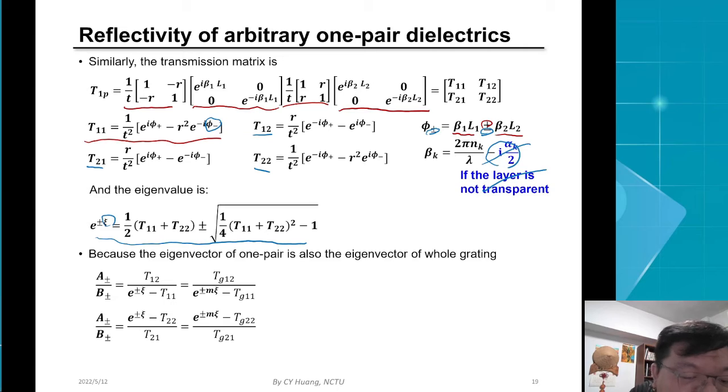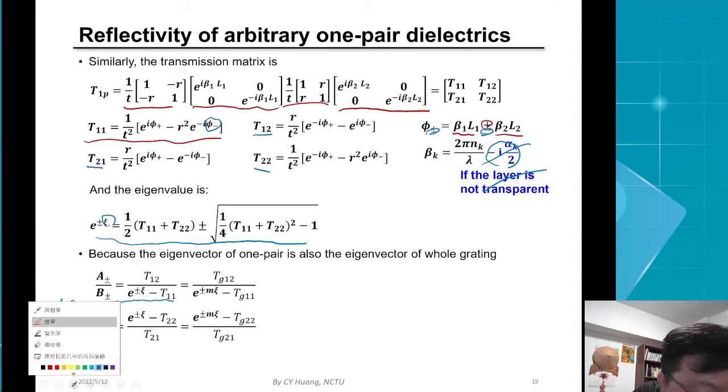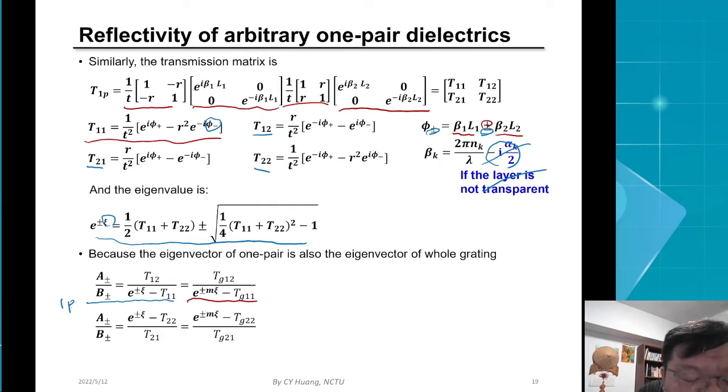Alright, since we know that its eigenvector is invariant, if it is an eigenvector for one pair, it is the eigenvector for N pairs. So we still write the two equations like this. This is the eigenpair for one pair, the equation from one pair, and the second part is the eigenvector relation based on N pairs.